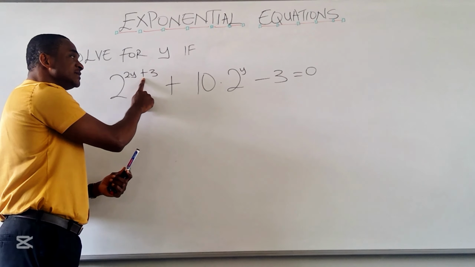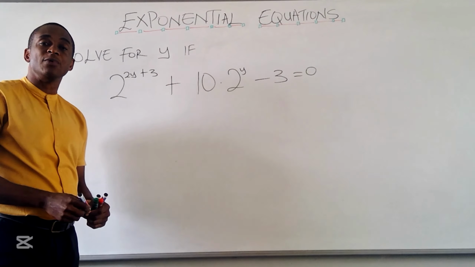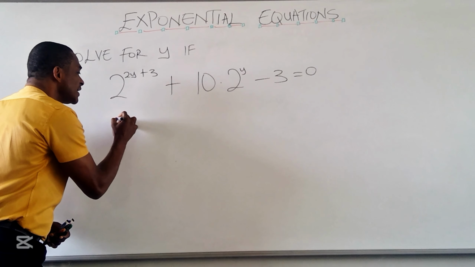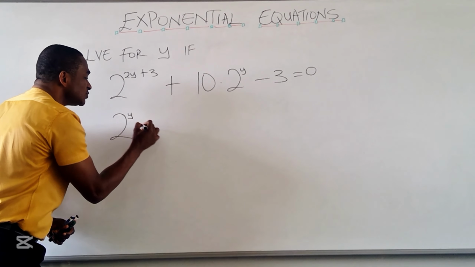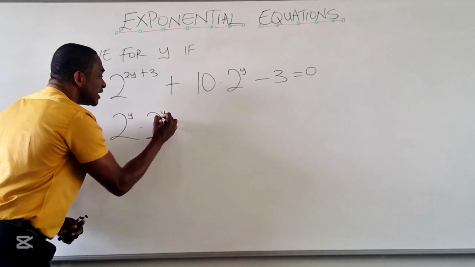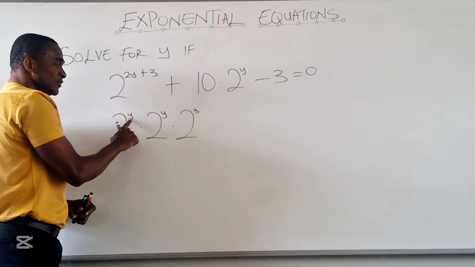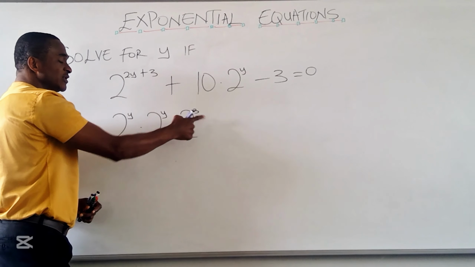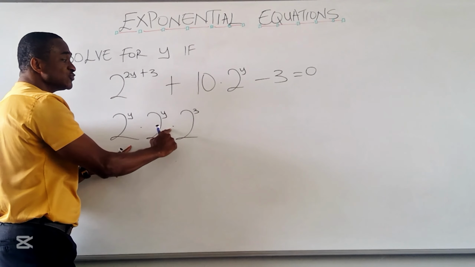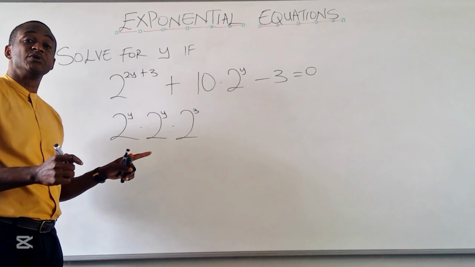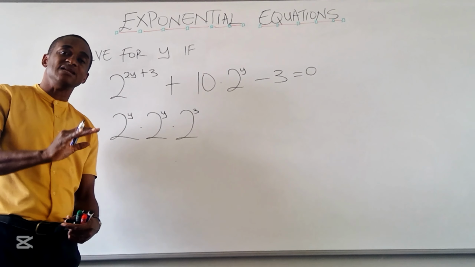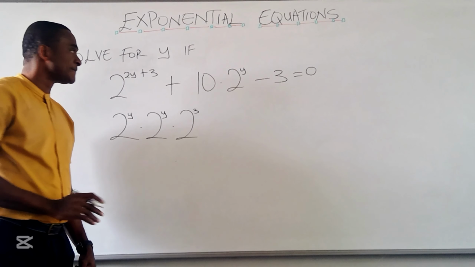So this was added. So we return it back to where we got it from. So here, since we are going back, this is 2 to the y times 2 to the y times 2 to the 3. Now, y plus y is 2y plus 3. Why is it plus 3? Because we are multiplying. So the laws of exponents gave us this. So we are taking it back to where we got it from.